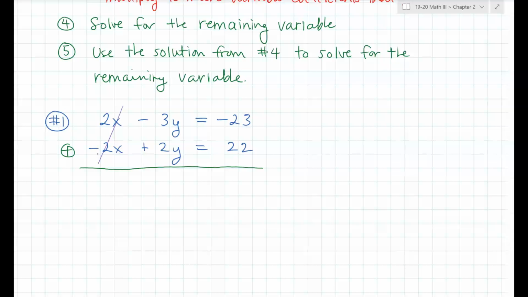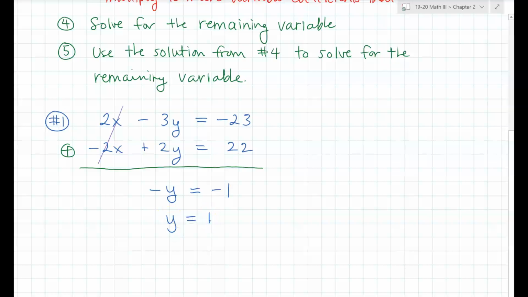Negative 3y plus 2y, that's a negative y. Okay, because negative 3 plus 2. And then negative 23 plus 22, that's negative 1. So all I have to do now to solve for y is just divide both sides by negative 1. So I'll get y equals 1.